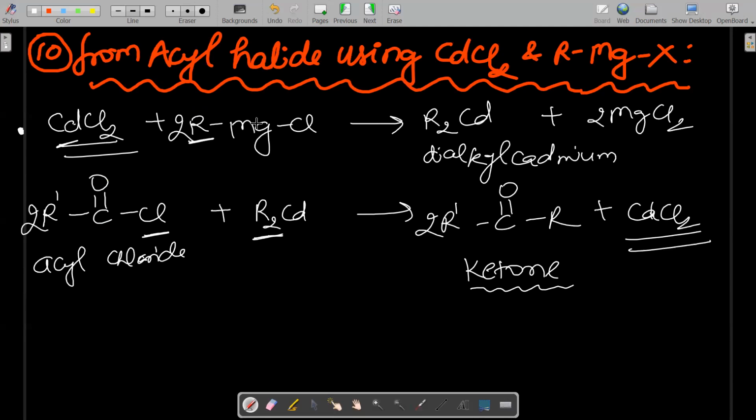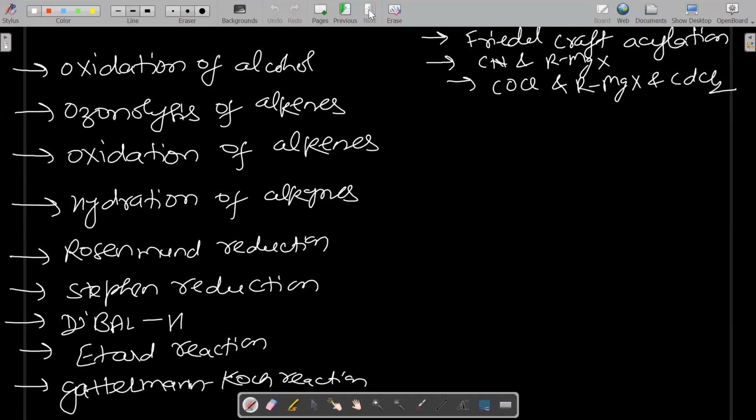So these are the total methods for the preparation of aldehydes and ketones, whatever I just brushed up. So what are the methods we have discussed? First, oxidation of alcohol, in which primary alcohol gives aldehyde and secondary alcohol gives ketone using PCC. Second, ozonolysis of alkenes, in which we add zinc and water, also by cleavage of double bond to form aldehydes or ketones.